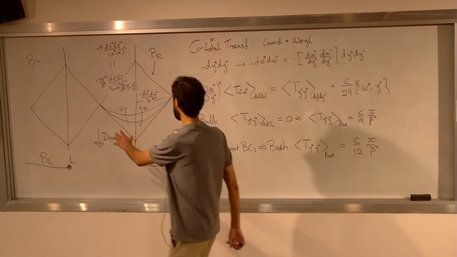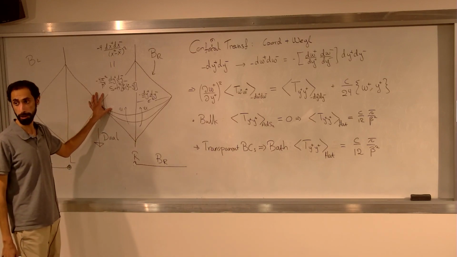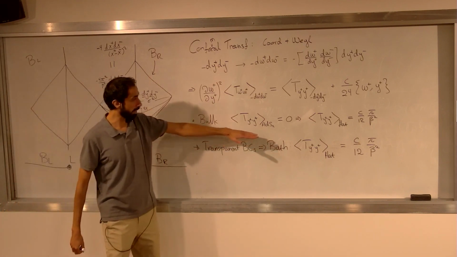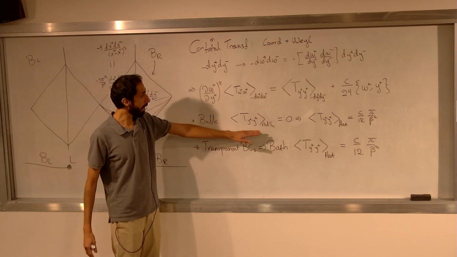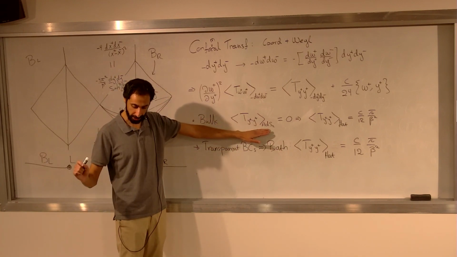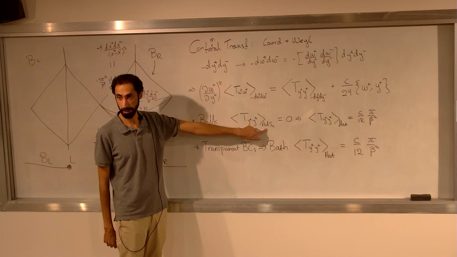Okay, the black hole solution is a vacuum solution of JT gravity, which means that the expectation value of the stress tensor is 0. But one has to be careful when you make such statements. It's 0 with the AdS2 metric.